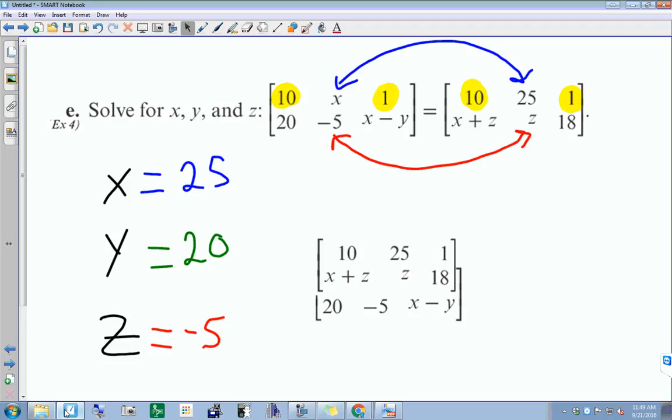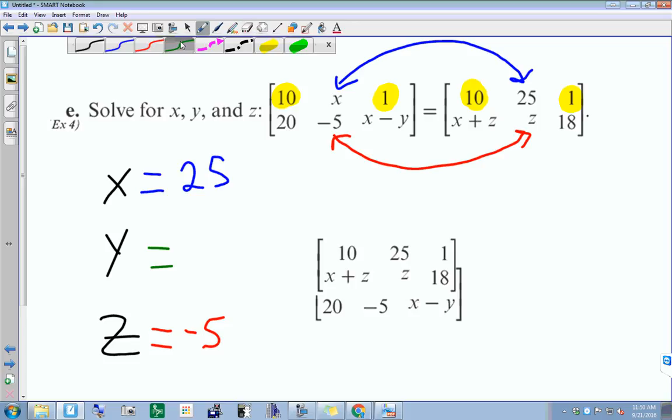Oh, gee. My brain is offline, isn't it? Boy, am I running out of steam today. Duh. Why did I put 20 there? Probably because that's what x plus z was, 20, so I put 20 there.